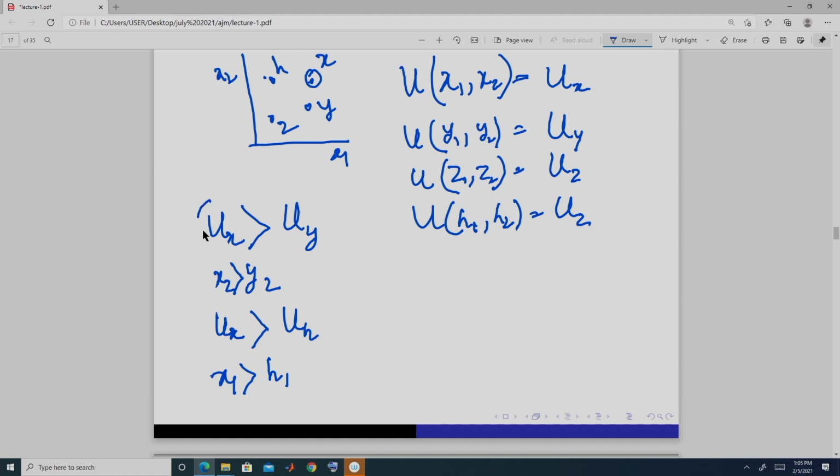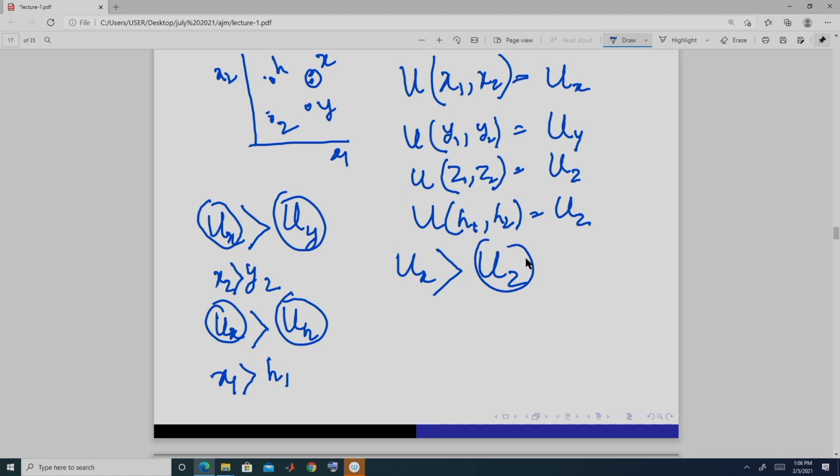Now this takes a real number, this takes a real number, this takes a real number, and this also takes a real number. So we can always compare these real numbers. If we know that x is always greater than z, because x1 is greater than z1 and x2 is greater than z2, then this will also be a real number and we can compare the real numbers.